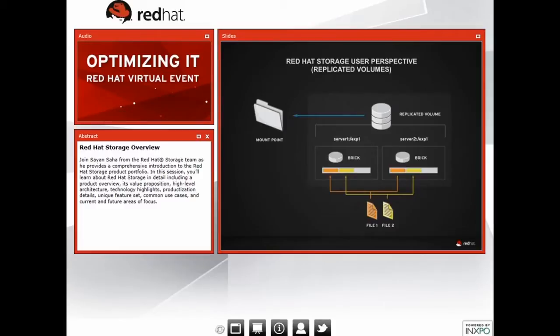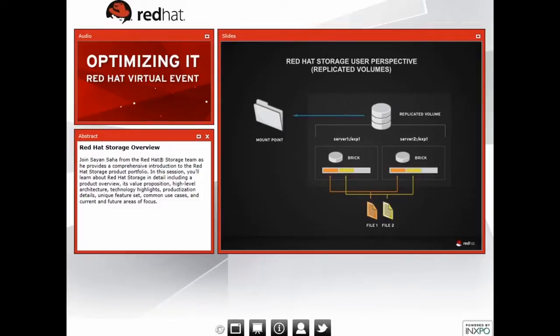So Red Hat storage has a built-in logic to basically detect differences between the different replicas of a file and heal them, HEAL, heal them as needed to make sure that they are consistent.